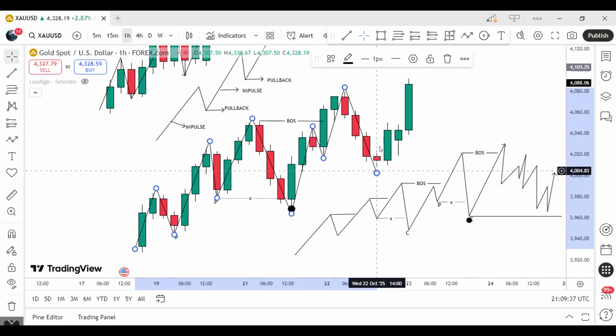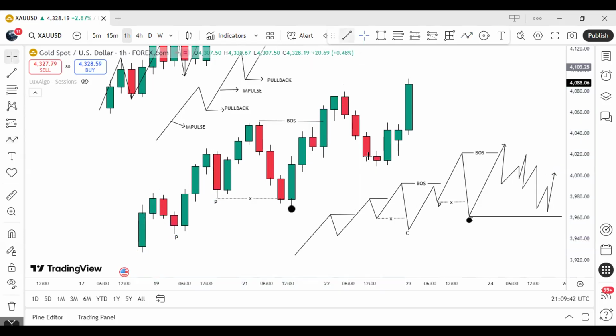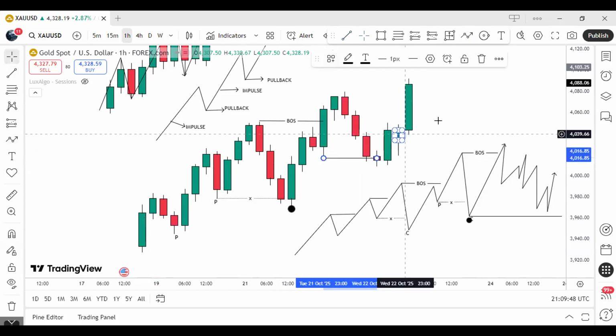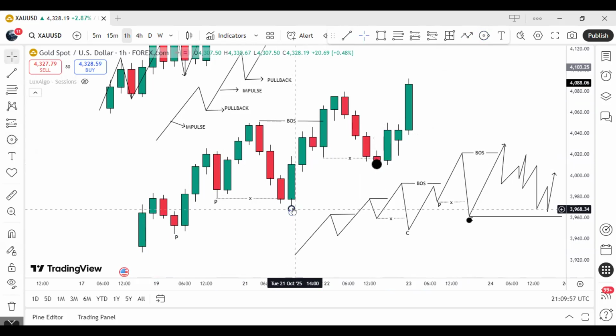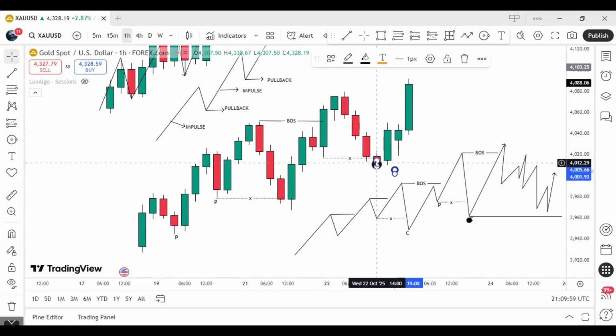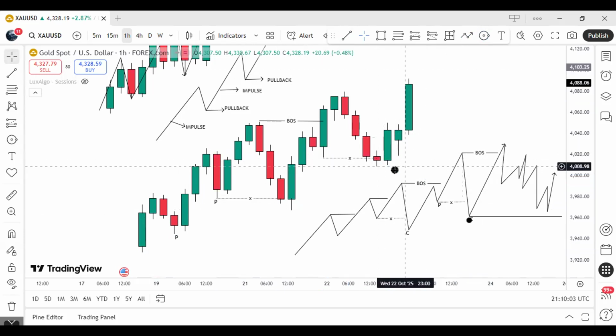We had a correctional move there. Why? Because this pullback was taken. And then this gave us a strong low, which is our correctional move. So our strong low has now been shifted from there to here. This is now our strong low, right?